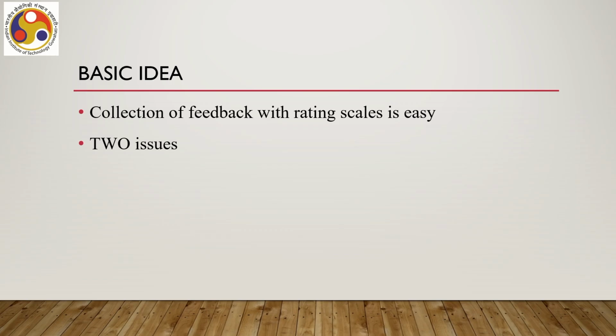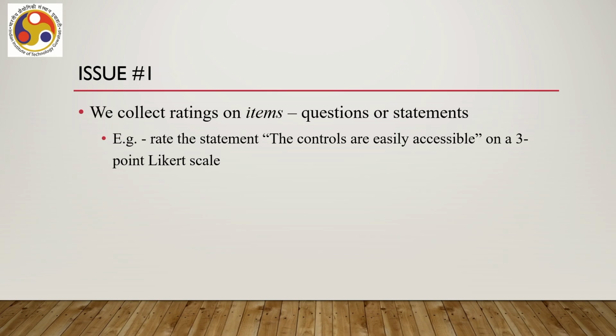Collection of feedback with rating scales is easy as compared to more rigorous evaluation techniques. However, there are 2 major points of concern. The first issue is that when we collect user feedback on a rating scale, we collect ratings on items. Now, these items are essentially questions or statements. For example, rate the statement, the controls are easily accessible, on a 3-point Likert scale.